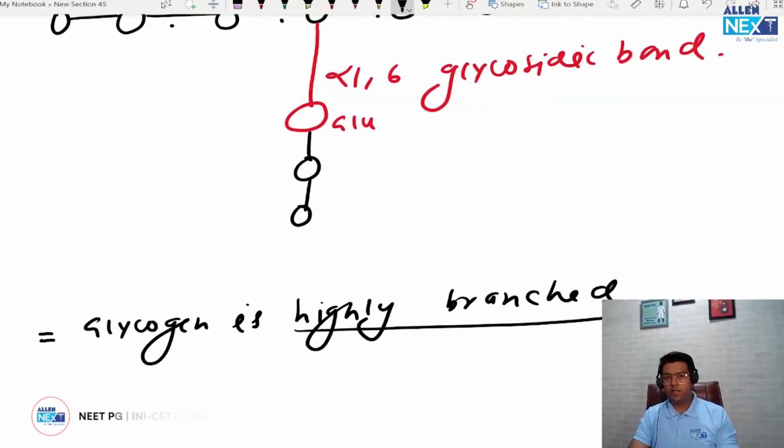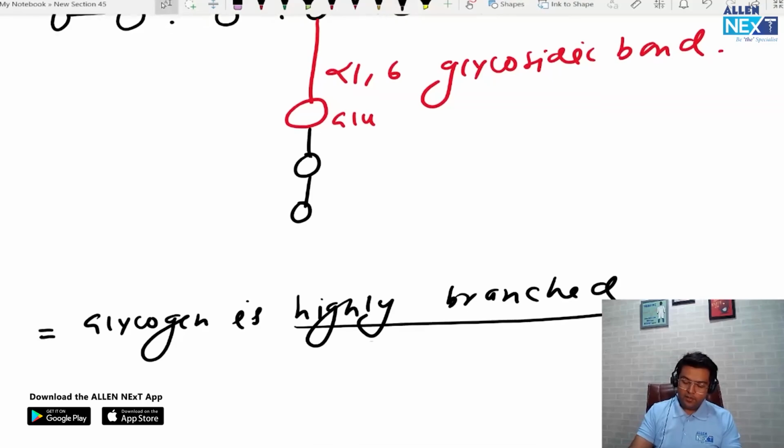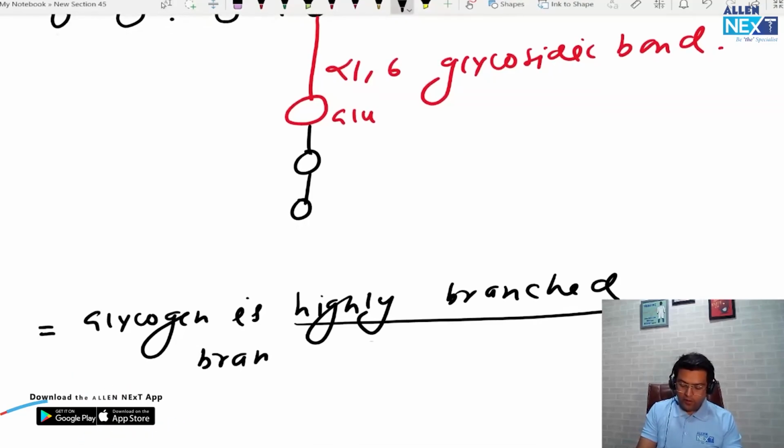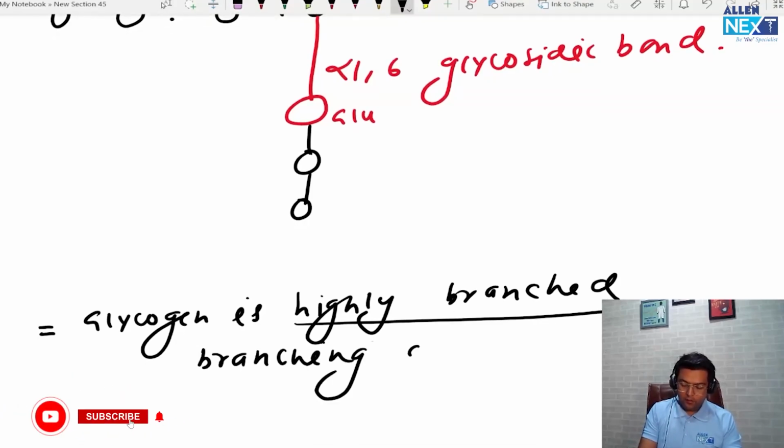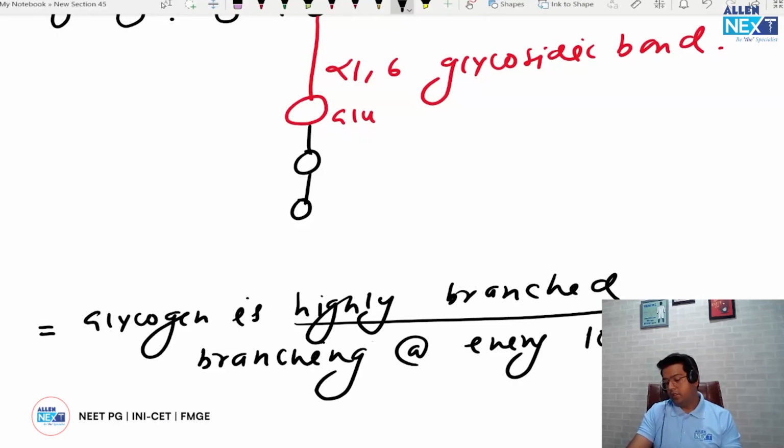It is similar to the starch, but more branched compared to the starch and present in our liver and muscles. So highly branched, with the branching at every 10 to 13 glucose.